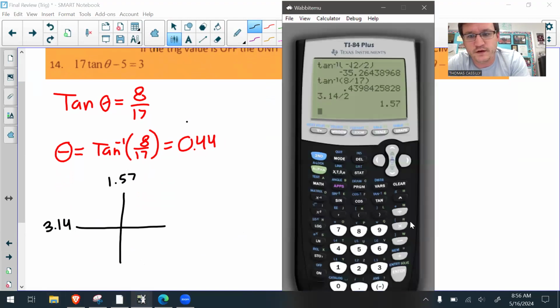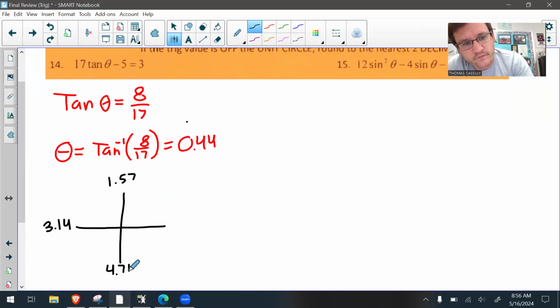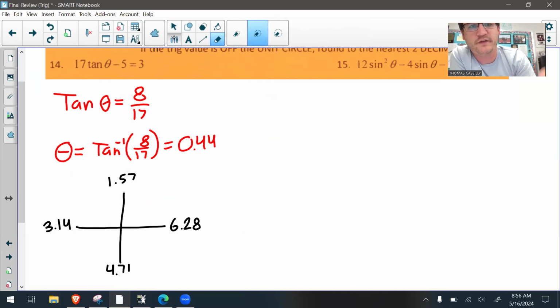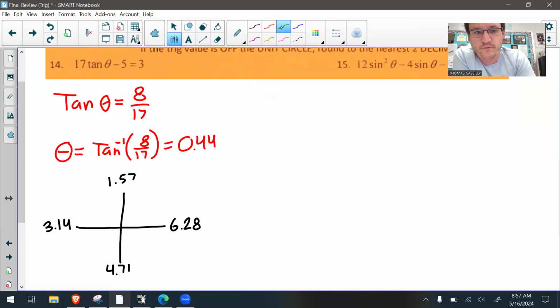And then the bottom one is 4.71. And then this one over here is 6.28. So those are the angle measures in radians now. That kind of helps us divvy up what quadrants we need to be in. All right, so 0.44 is between 0 and 1.57. So not only is this the reference angle, but it's also an answer here. So that is one answer.